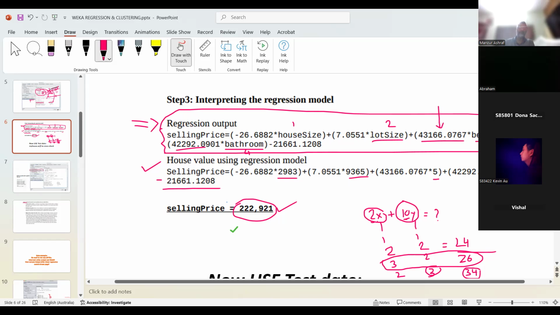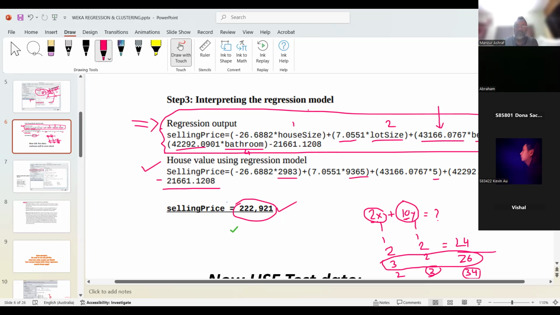Are you following, everyone? That means that if you increase the bedroom, the total price will increase quickly. Similarly, if you increase the bathroom, it will increase quickly. But lot size, if you increase that, it will not increase much, just a little bit.